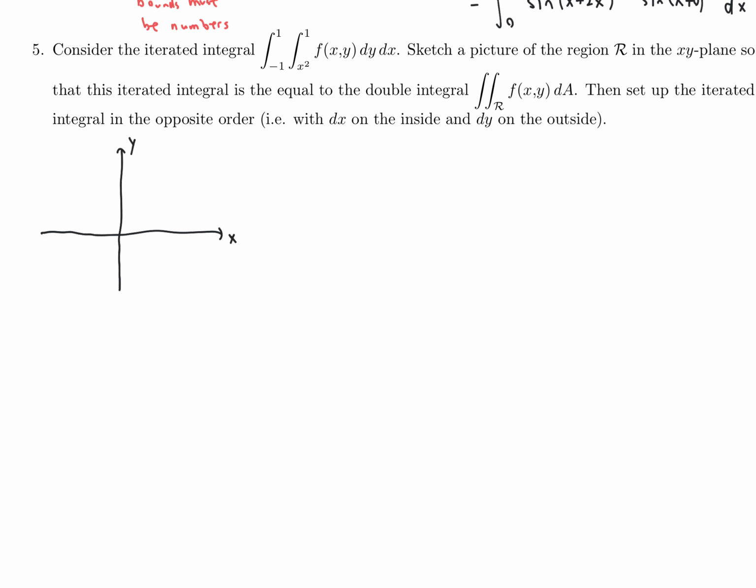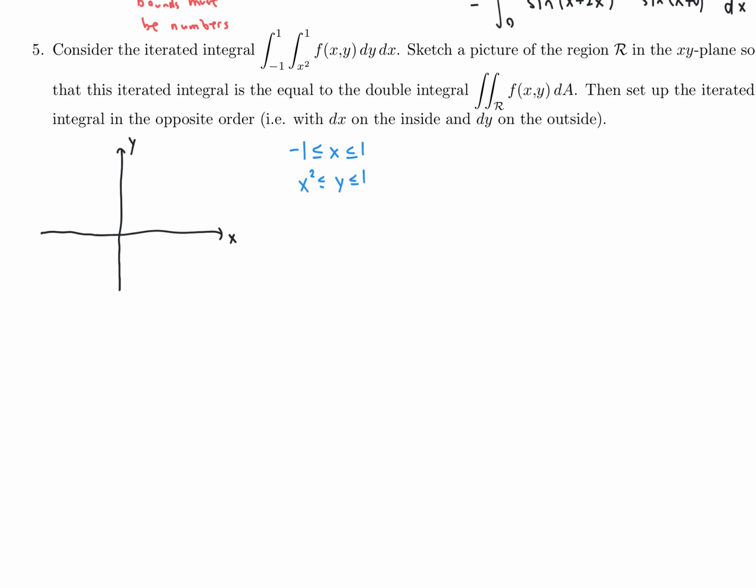And as I did before, I think it might be helpful to write down this region using inequalities. So when I look at that outer integral, x ranging from -1 to 1, I can think of that as telling me the inequality that -1 is less than or equal to x, which is less than or equal to 1. Likewise, looking at the inner limits of integration, y should go from x squared to 1.